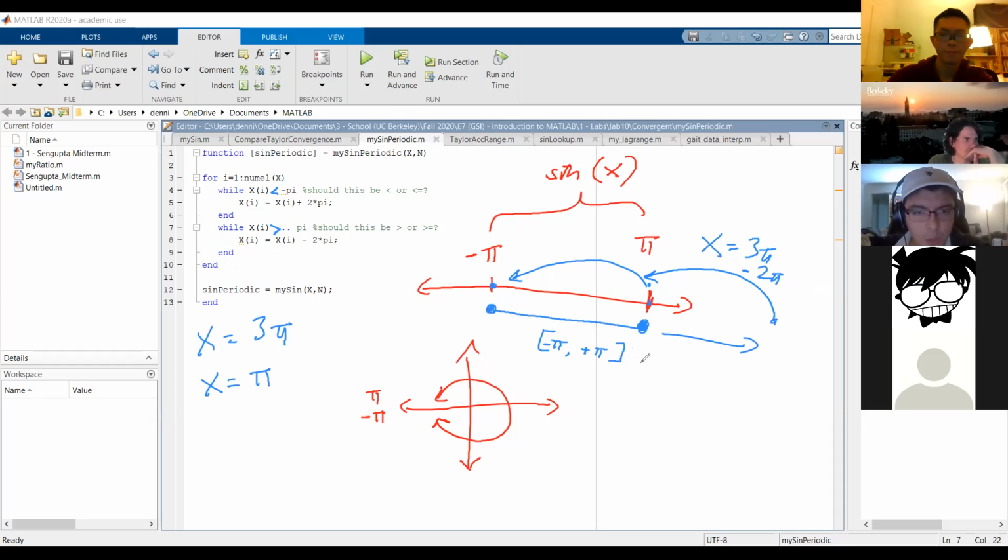I want to follow this up with another question, because I believe it's very important to always keep in mind that when we're coding something, we're trying to solve a specific problem. So why exactly do you think we are bringing everything outside the negative pi to pi range into that range?